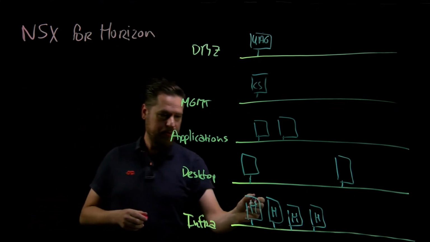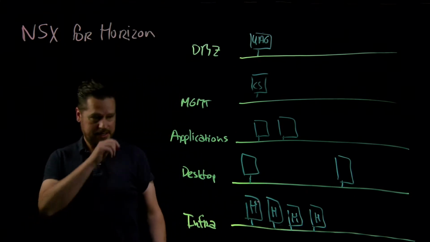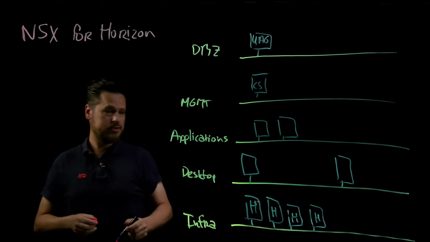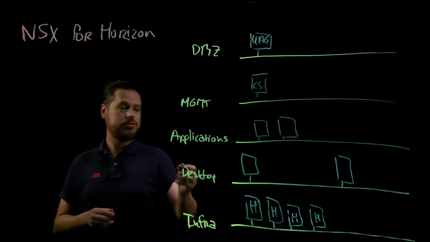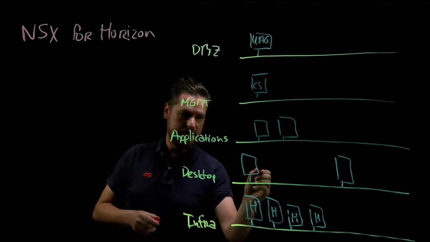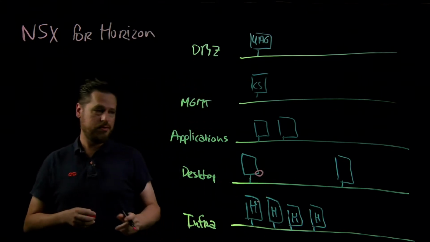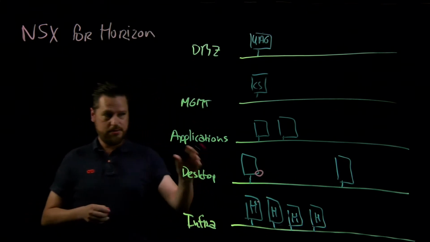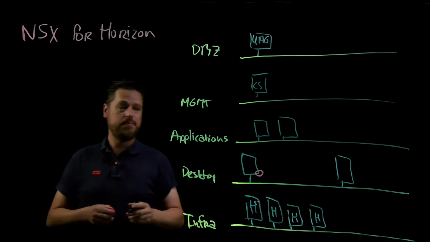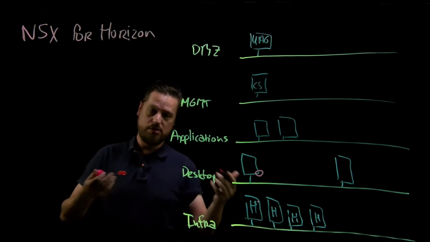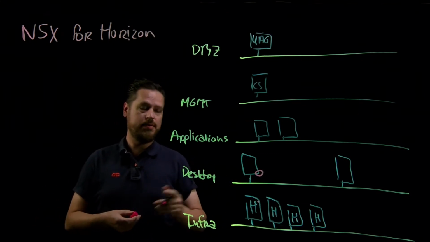The host will be prepared with the NSX components so that they will introduce the first use case, and that is distributed firewalling. So we can put a firewall around the virtual desktop to prevent or to allow certain network traffic.